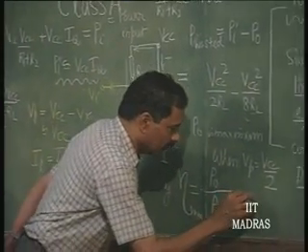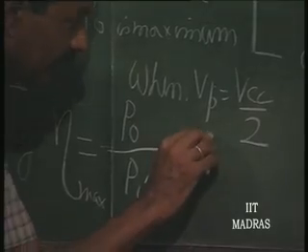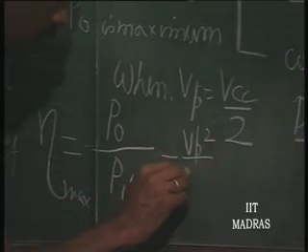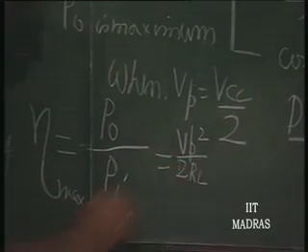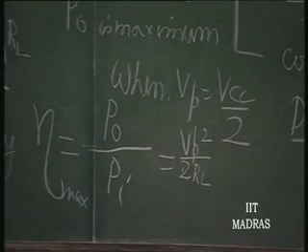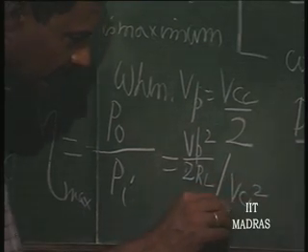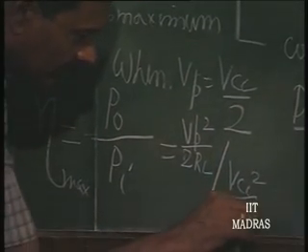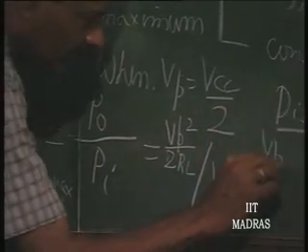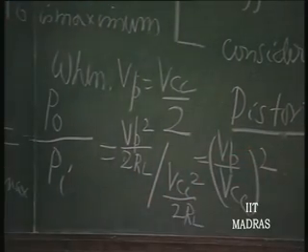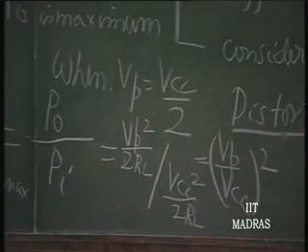So, generally this is V p squared divided by 2 R L, divided by V c c squared divided by 2 R L, or this is V p by V c c whole squared.